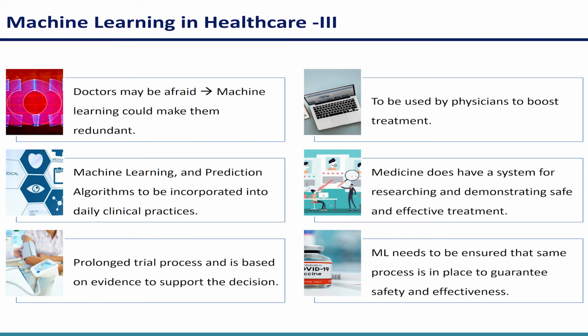Then machine learning needs to ensure that the same process is in place to guarantee safety and effectiveness. Machine learning also gives assurance to patients and doctors that whatever treatment they are doing is safer and more effective.